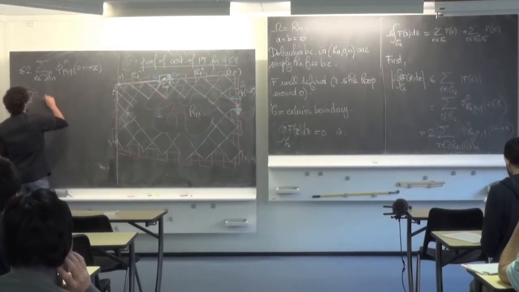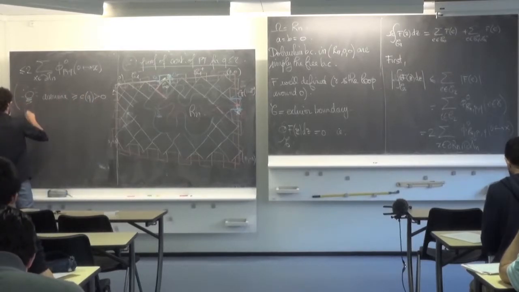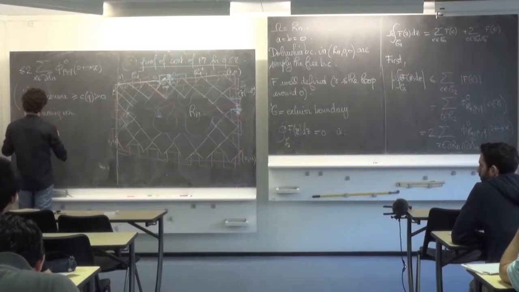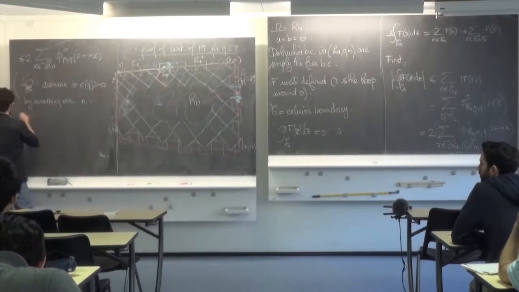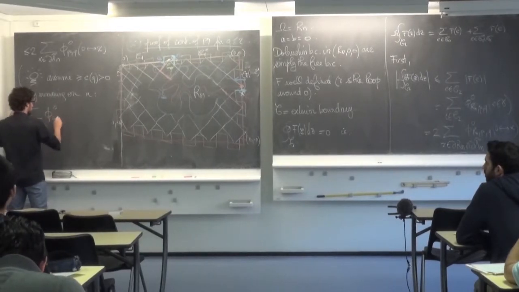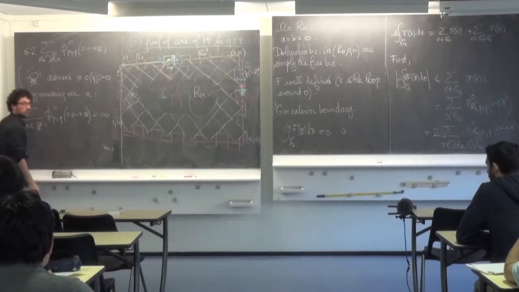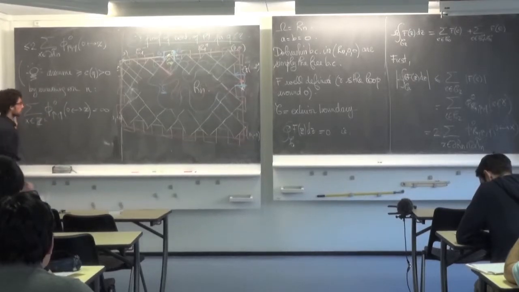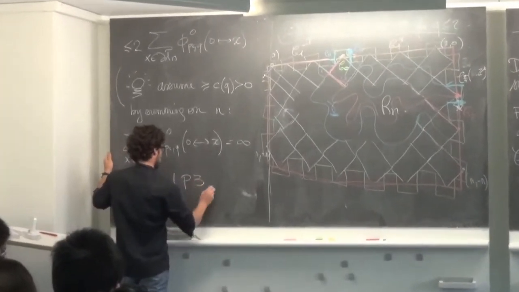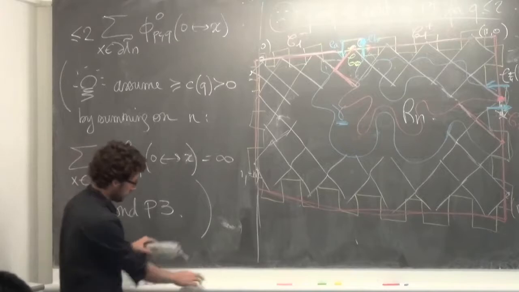So, assume larger than a constant depending on q larger than 0, by summing on n, we will get that the sum over all the x in Z2 of phi 0 PCQ is infinite. I'm just summing something which is constant. And this is condition P3. So in this case, I get that I have a continuous phase transition.